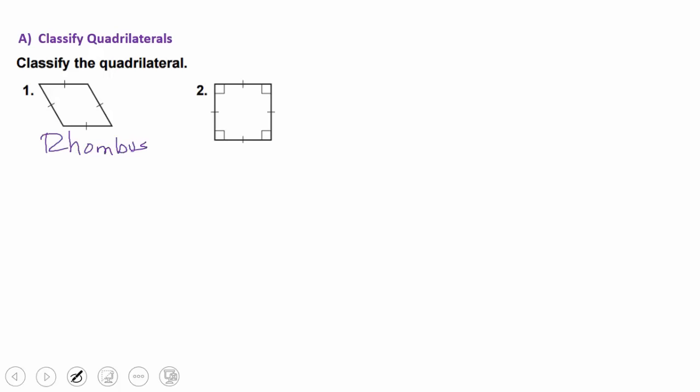Outstanding. The next one, here we have one with opposite parallel sides. It also has 4 right angles, and it has 4 congruent sides. Wow, all those characteristics tell me one thing. It is a square. Something you should know about a square. All squares are rectangles.